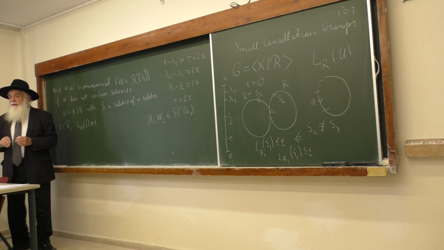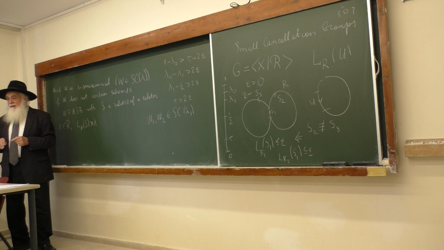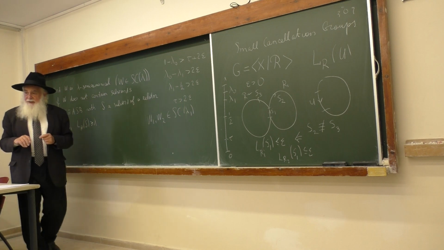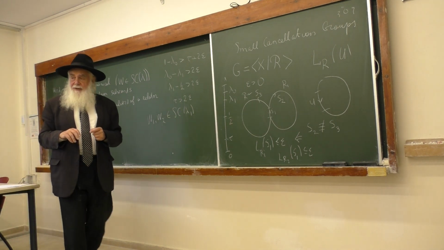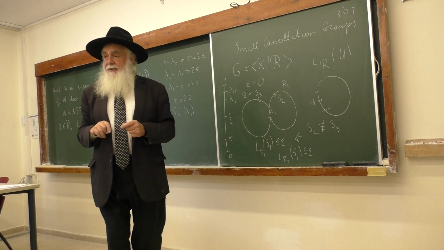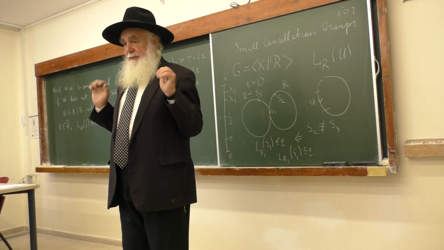Yes, please. How does this connect to the semi-canonical definition from last week? It's the same. No, let me say it again. A word is semi-canonical if it does not contain forbidden words.